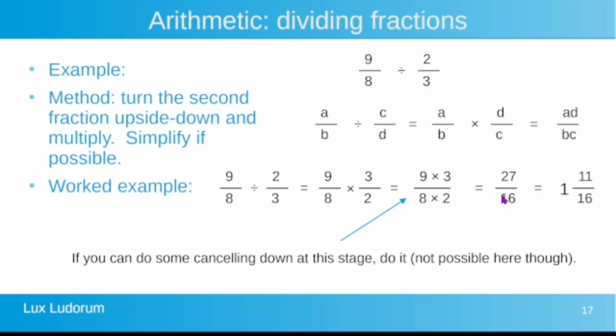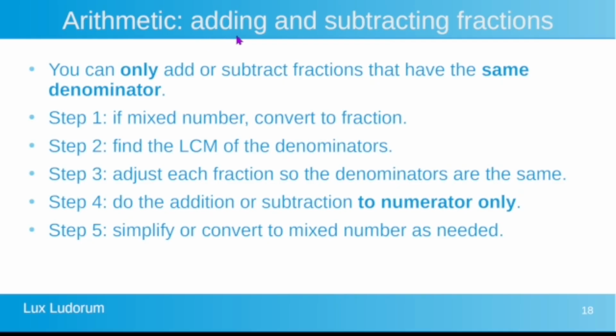That is an improper fraction, so we can write it as a mixed number, 1 and 11/16. We could do some cancelling down at this stage if it was possible using the cancelling down method, but it is not possible here.